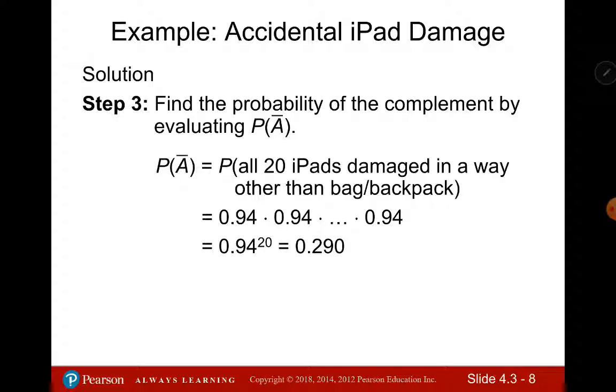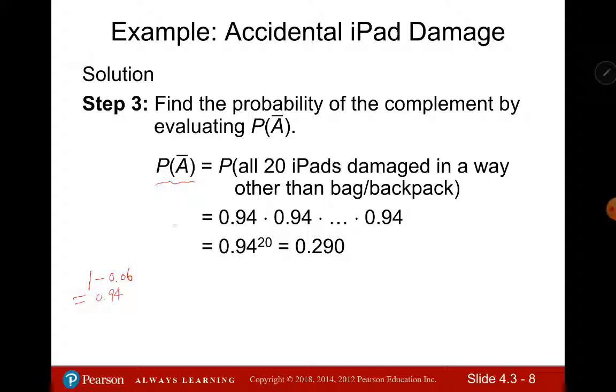After that, we try to find this probability. So if 6%, how can we get this 0.94? Because we know 6% of the damaged iPads were damaged in a backpack, which means 94% of the damaged iPads were not damaged in a backpack, or damaged in a way other than backpack.